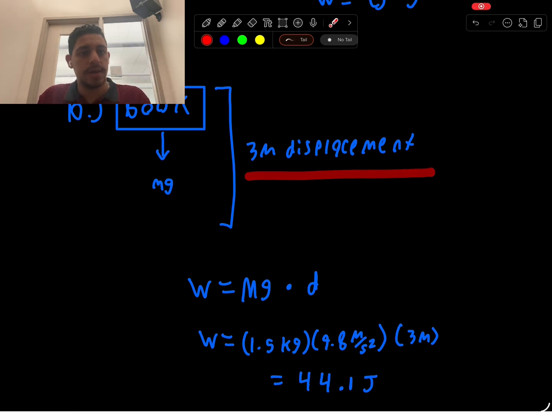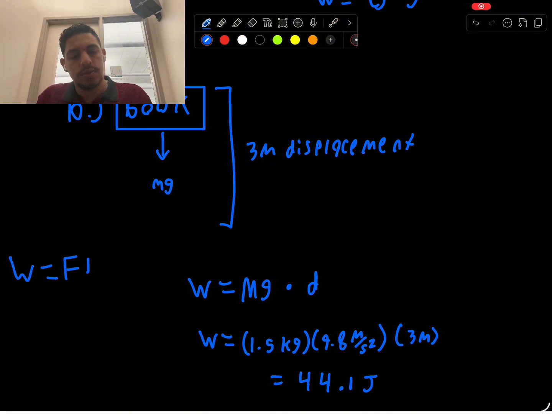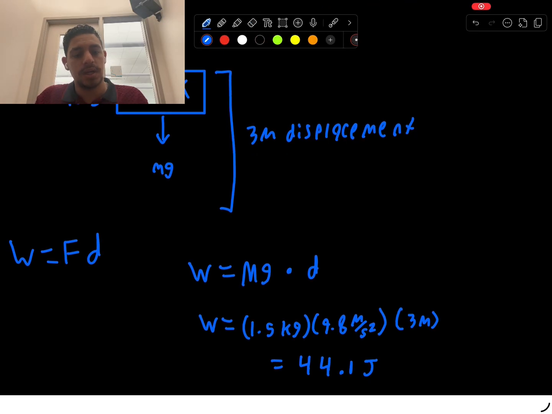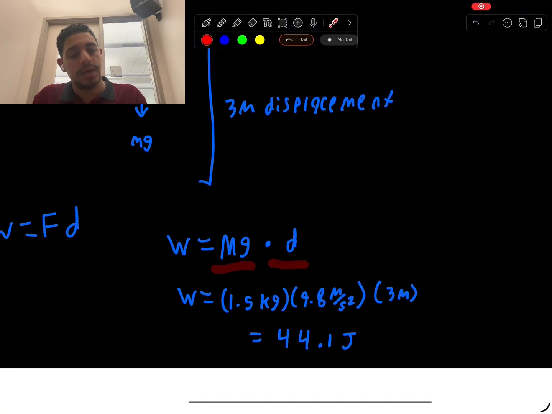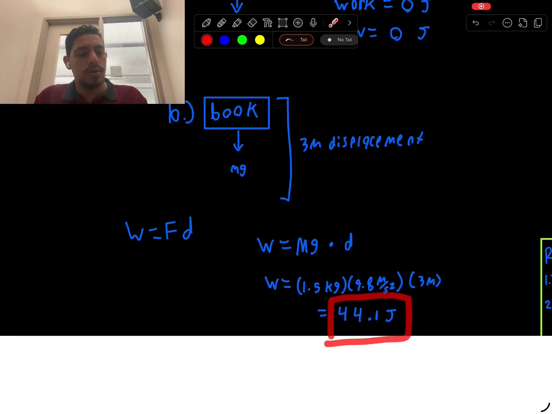So if we go back to what work is, let me write it out for you. Work is equal to force times distance, right? So in this case, the only force acting upon this object is our mg, which is our weight, times the distance. So all you do is plug in your numbers, right? And what you get is 44.1 joules.